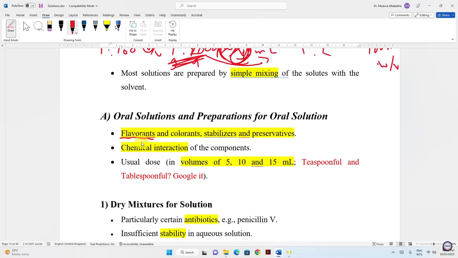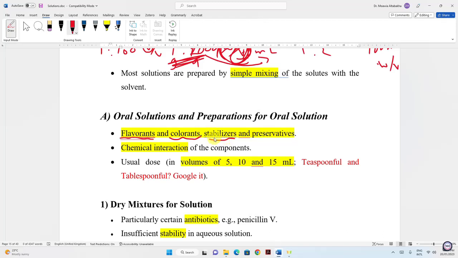They flavor it, for example, with lime, with orange flavors, etc. Also, for the same purpose, to make it attractive, they may color it. They may also add stabilizers. Stabilizer here means that you don't want deterioration to happen during the storage.